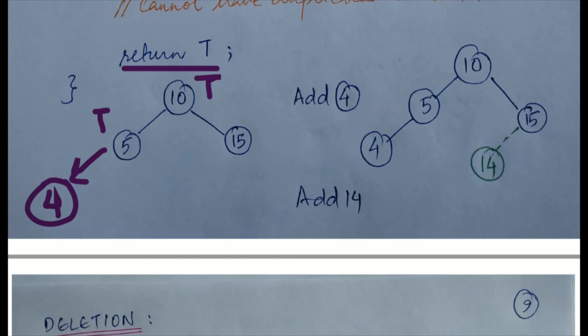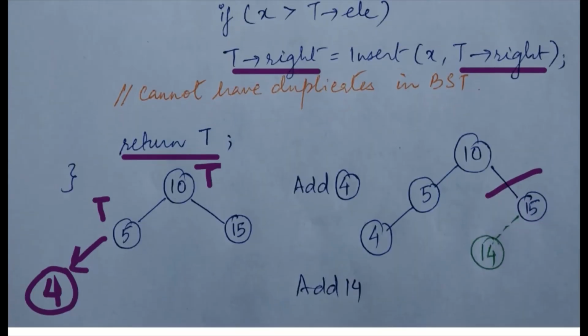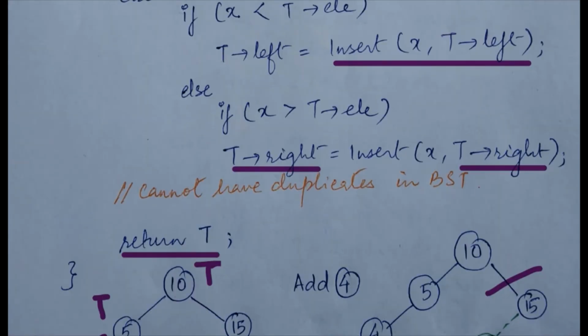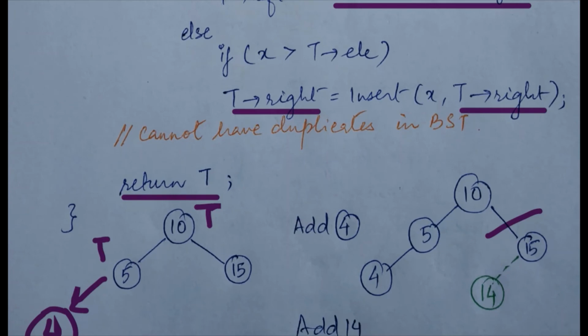Similarly, if 14 is to be added, 14 is greater than 10, so you call insert 14 in this. Then 14 is less than 15, so you'll call insert 14 in 15's left. 15's left is empty, a node will be created and that value would be put in 15's left. Because of the recursive calls involved, you cannot exactly see how it works, but your t changes with every call.